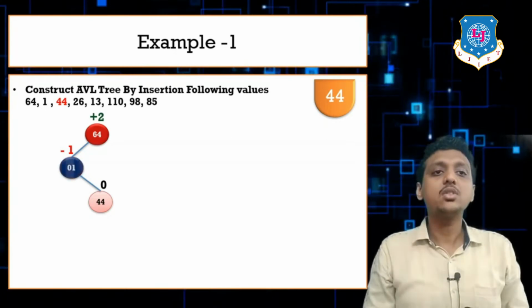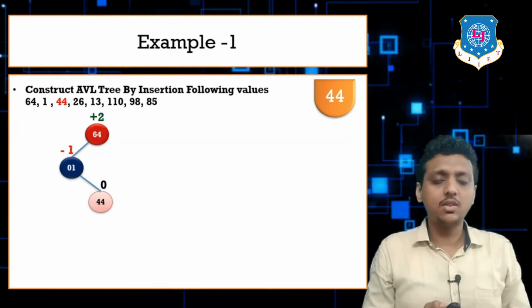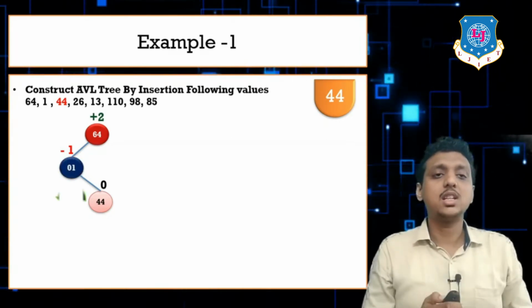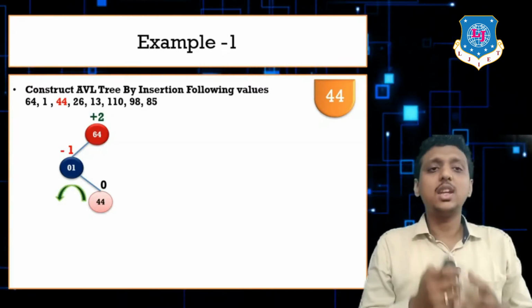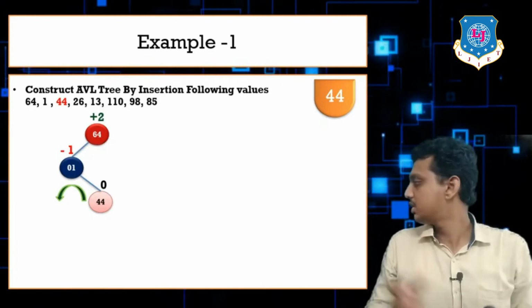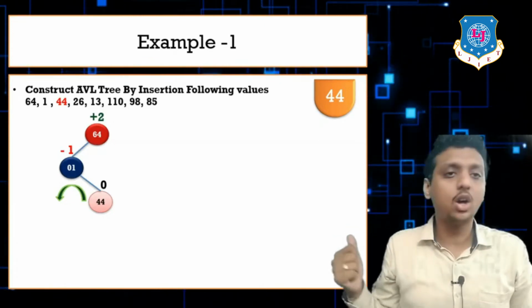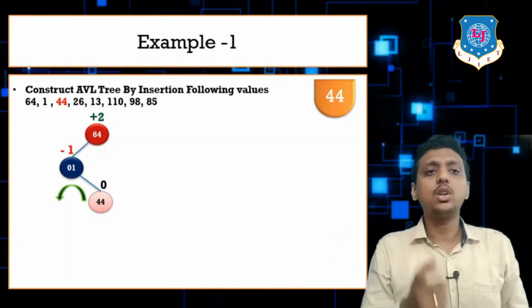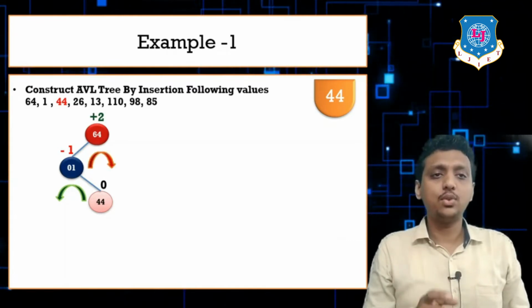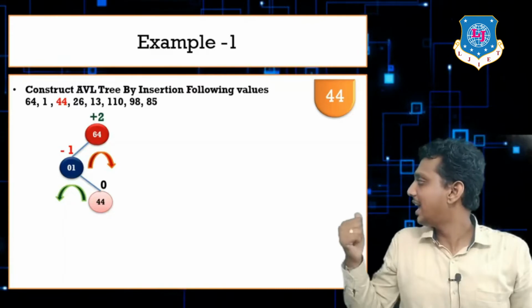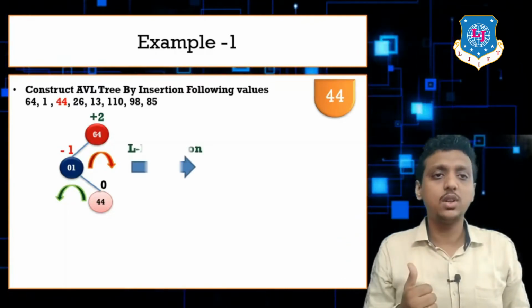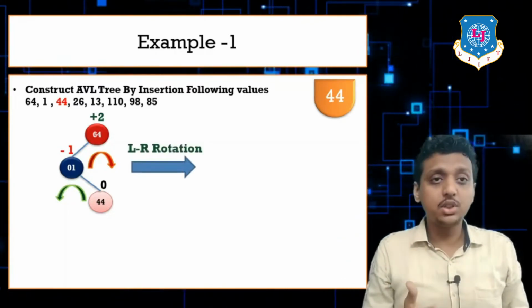Here, 1 is also violating the rule, so that's why we need to apply LR rotation, students. In LR rotation, first we apply left rotation on 1. So 44 will take the place of 1, and 1 goes down. So here it is a left and then right rotation, that is known as LR rotation.